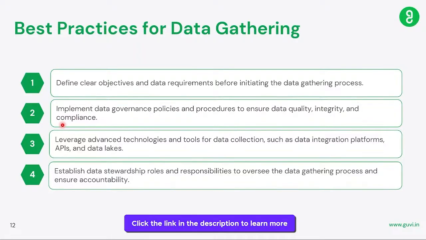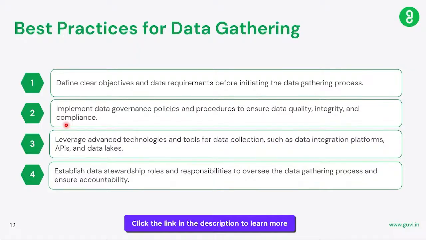The second point here is implementing data governance policies and procedures. Data governance plays a crucial role in ensuring the quality, integrity, and compliance of the data throughout its life cycle.